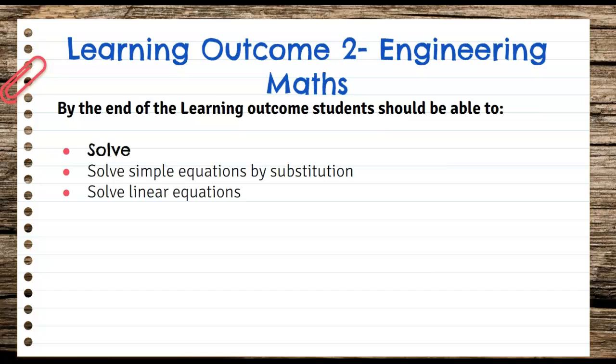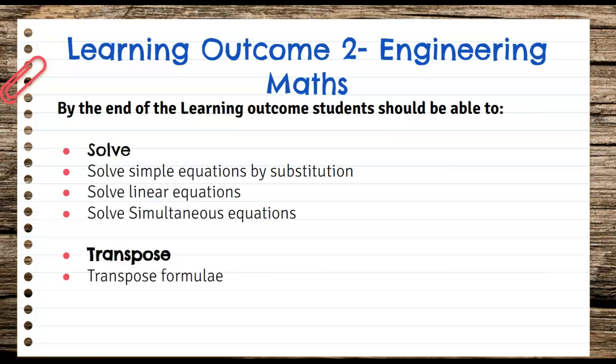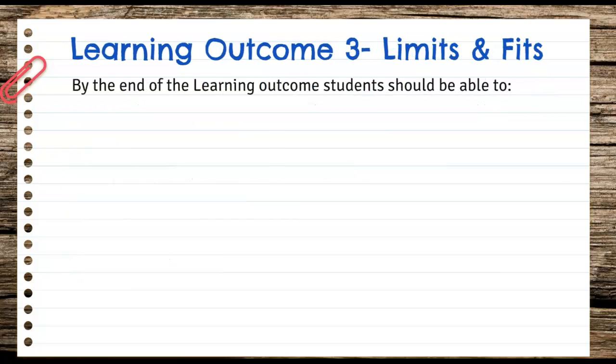Solve linear equations, that's just straight lines. Solve simultaneous equations. And the final one, transpose, which just means move from one side to another. Transpose formulae. Nothing difficult. You'll be taken through it step by step.